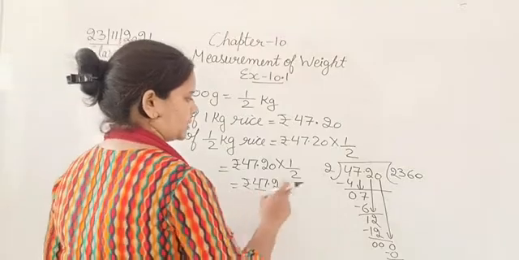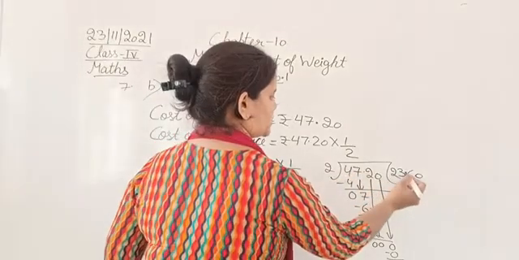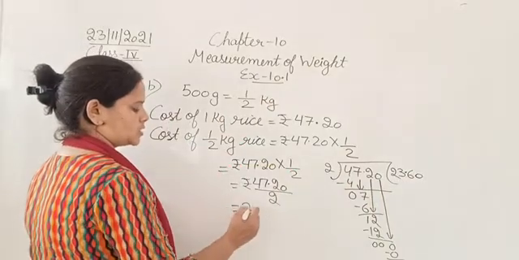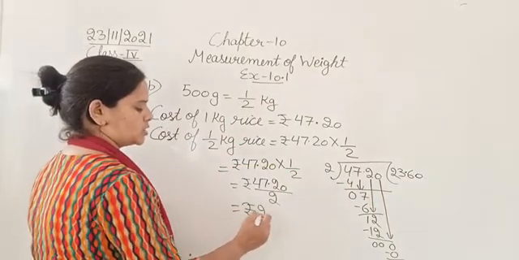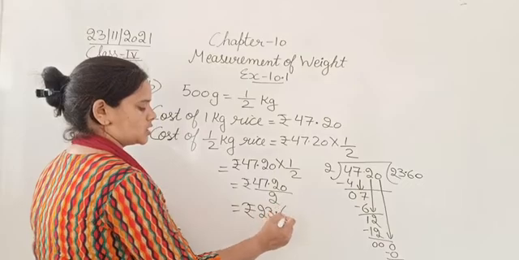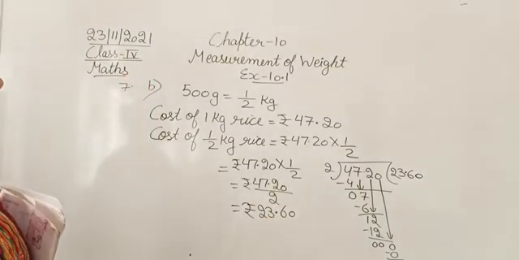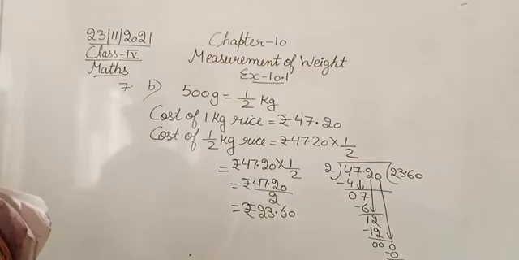2360. But in the question there are 2 decimals, so that will be 23.60. So this is the cost of 500 gram of rice or half kg of rice.